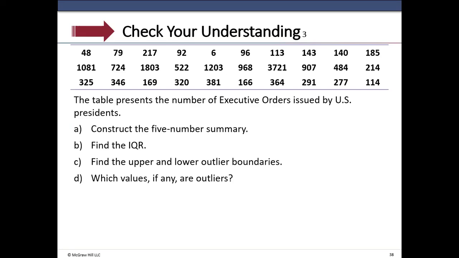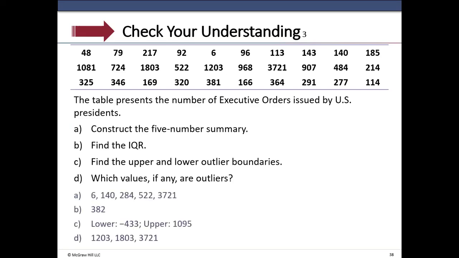Okay, so enter the number in L1. 5-number summary is stat. Highlight calc on the top row. Then number 1, list is L1, calculate. Okay, so minimum is 6. They say Q1 is 140.